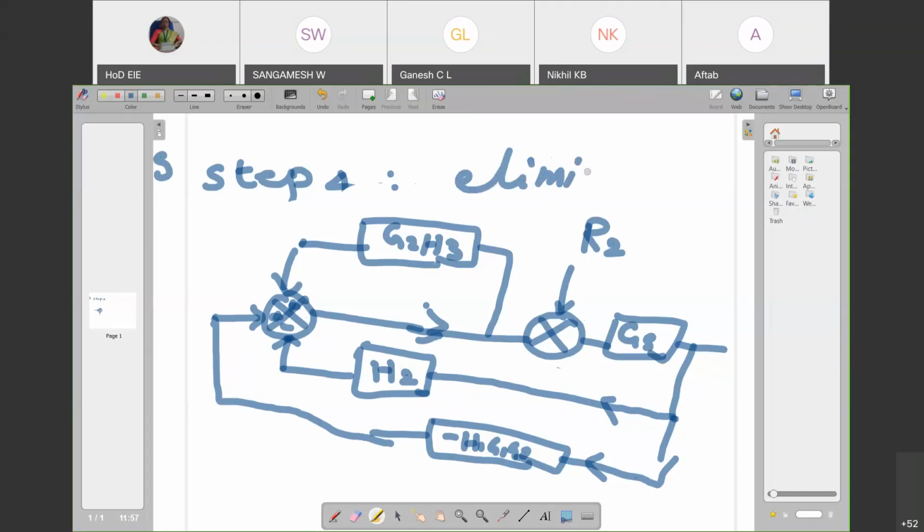We have eliminated S3. So we combined S2 and S3 by interchanging. S3 and S4 are there. So eliminate S3 now.